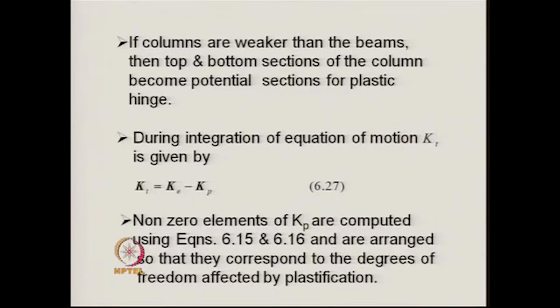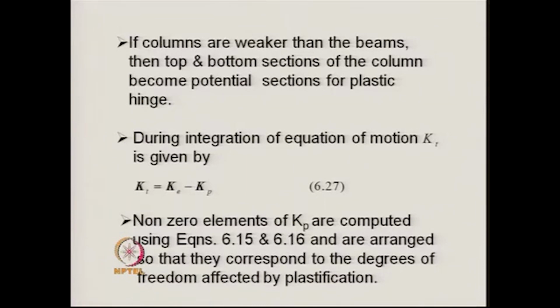which is called the transient stiffness matrix KT, is obtained as Ke minus Kp if any section of the column is yielding during the increment of loading.